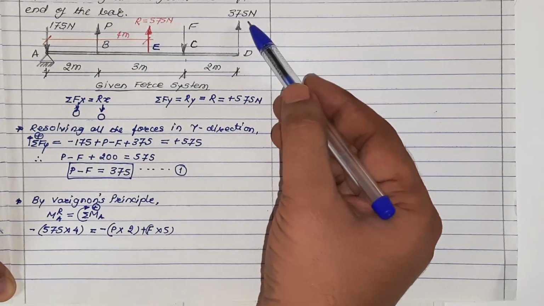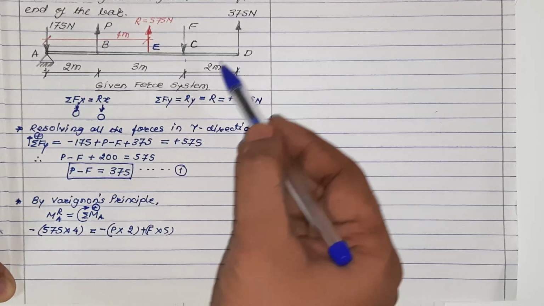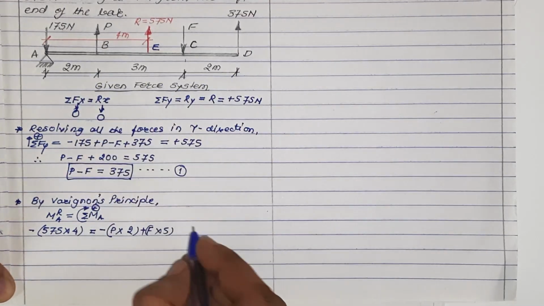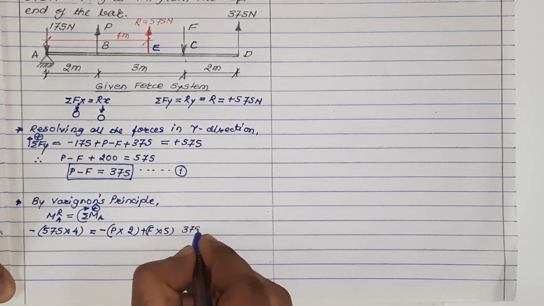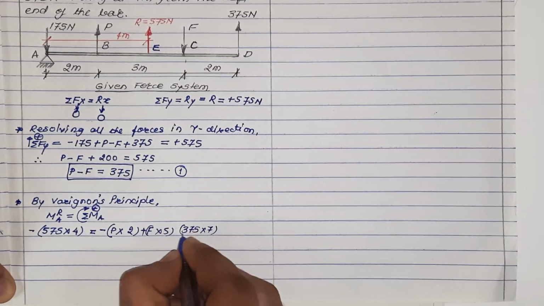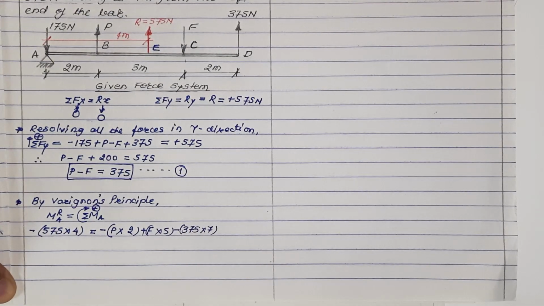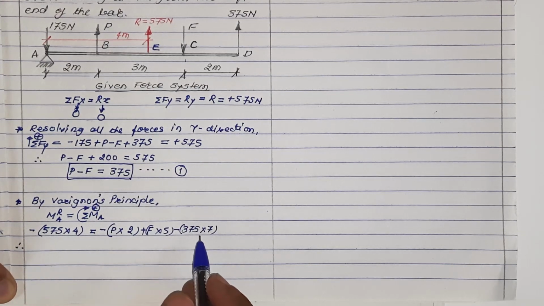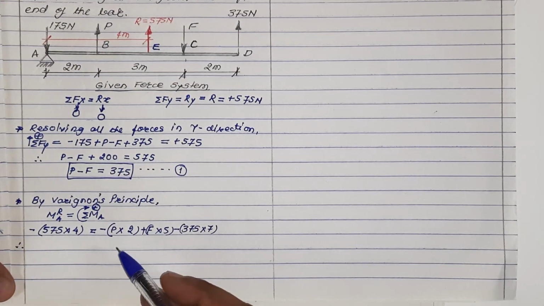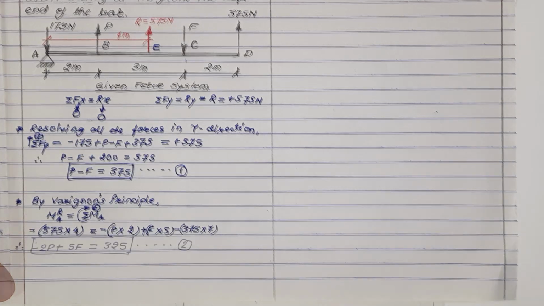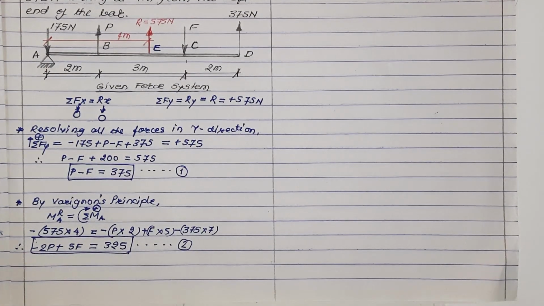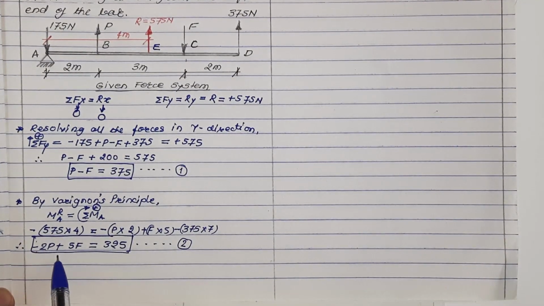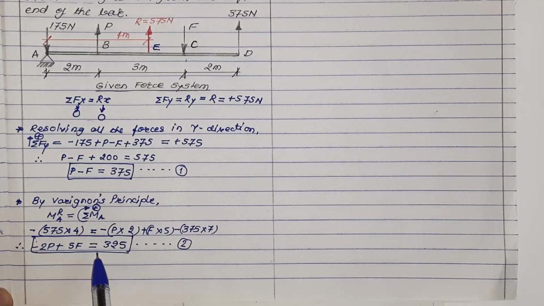Thereafter, we have 375 Newton multiplied by 7. It is going to be an anti-clockwise moment. Just simplify this and get the equation in terms of P and F. The second equation which we have got is minus 2P plus 5F, which is equal to positive 325.